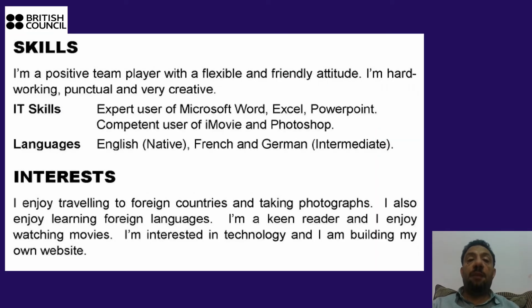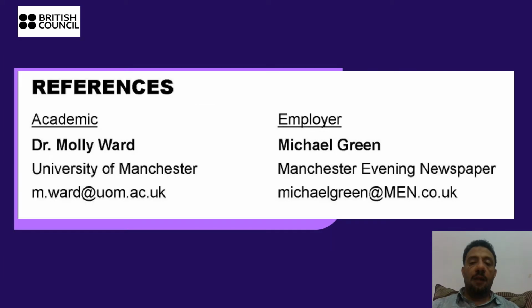This is the second part of the example CV. Pause and read it carefully, or read it in your PDF file. Okay, so here is the last part of the example CV. This is the references section.